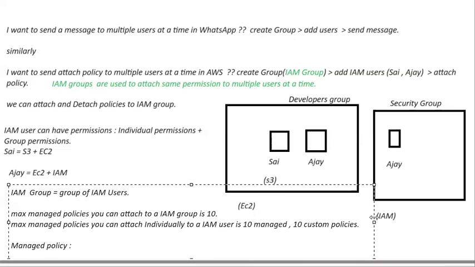AWS is responsible for providing this policy. AWS is already providing this policy for us. They just write it, and we just need to use it. AWS is predefining it for us.